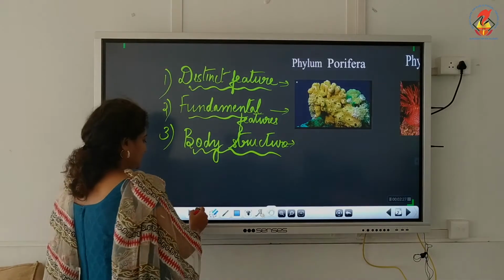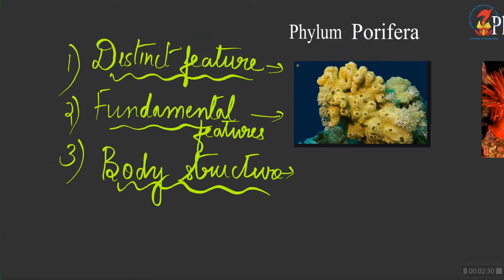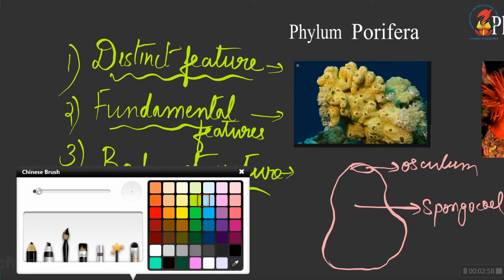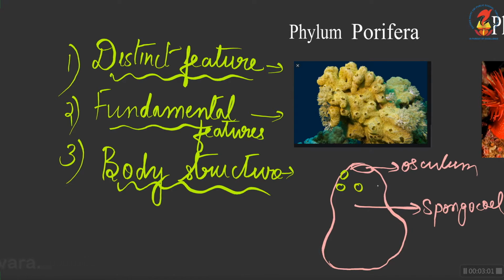Now going to the body structure, it has basically an opening called the osculum, and it opens into the body, and the body encloses a cavity called spongocoel. And as I told you, the distinct feature of this particular phylum is that the body bears numerous pores, giving a sponge-like appearance. These pores are called ostia.